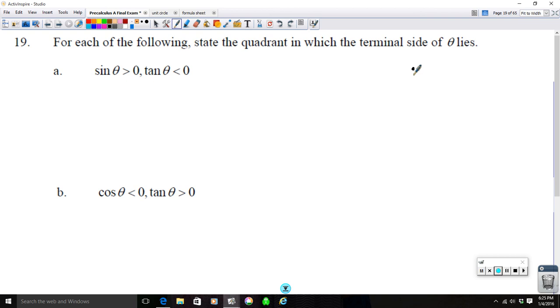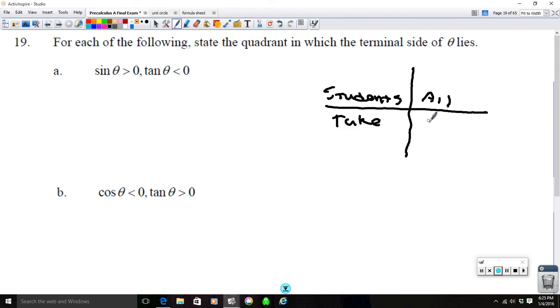what I did here when I made this answer key is I remembered All Students Take Calculus.